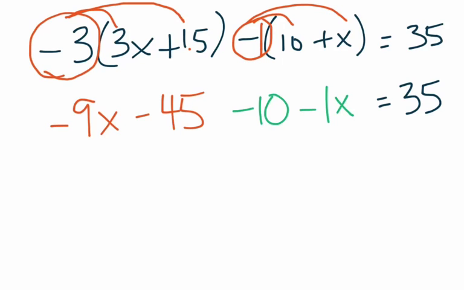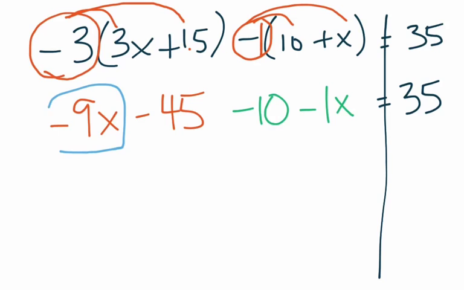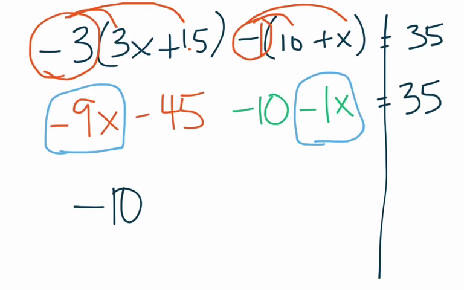So I'm going to draw my line. Anything that's a like on this side of the equation, on the left side, I can put together. So I got -9x and -1x. I can just put those together. So I'm going to have -9 plus -1 is -10. And then I can also put together the -45 and the -10.